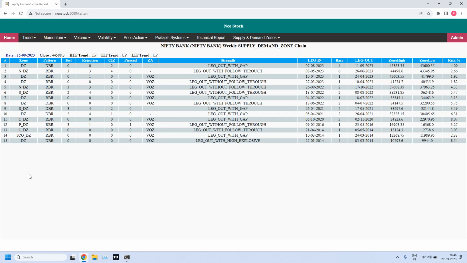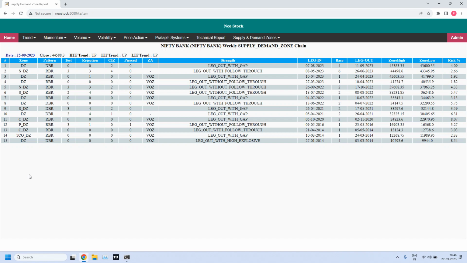Next one is TCO underscore DZ or TCO underscore SZ, next priority. And the next priority high liquidity zone is TCZ underscore DZ or TCZ underscore SZ.